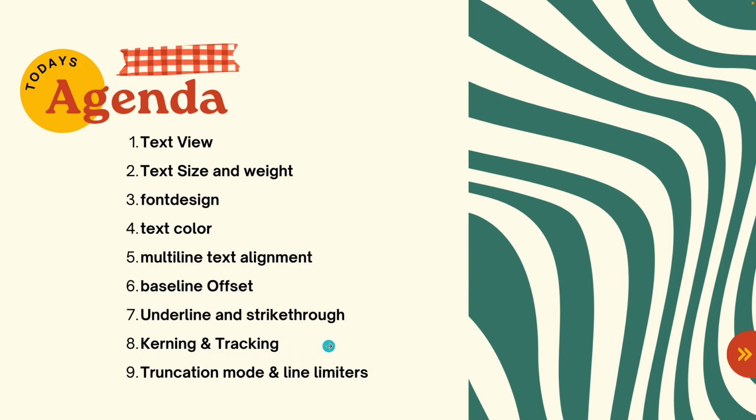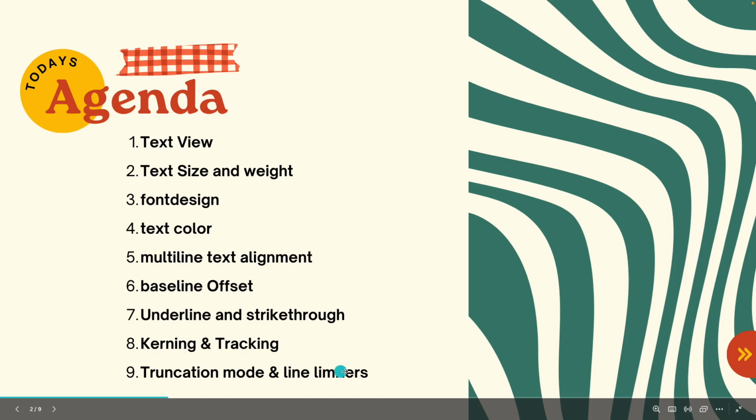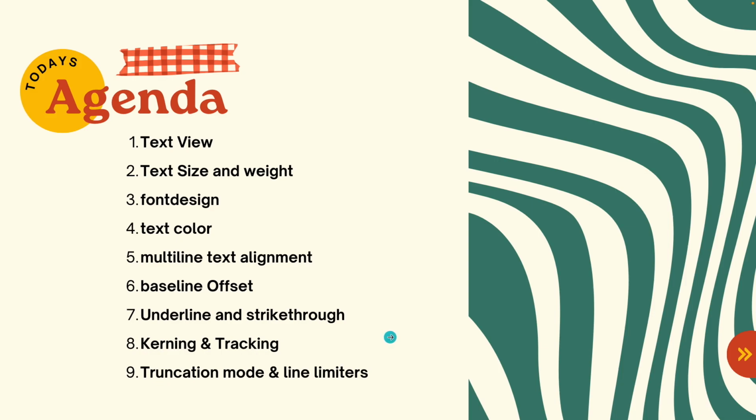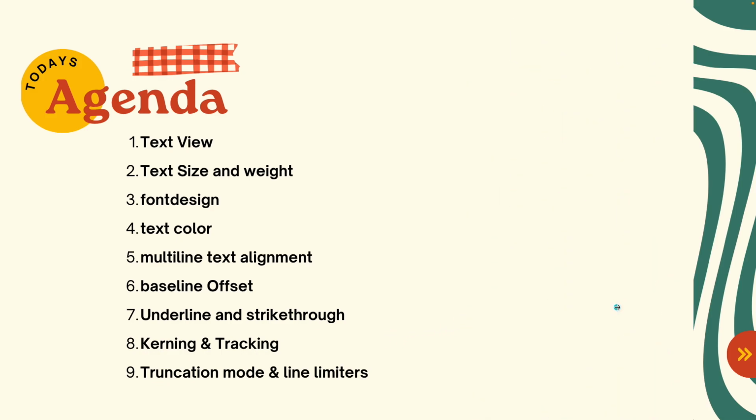Kerning and tracking, it is just adding spaces between the characters. Truncation mode and line limiters is used when we want to truncate a string. So yeah, let's get started.